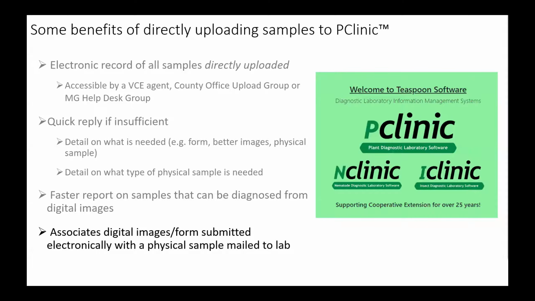And another thing, when we are accepting physical samples from non-commercial growers, people have always sent images into our lab for some samples, but they'll just send an email and attach the images and say, well, the sample's coming in the mail. And then we kind of have to remember to associate that with the sample when it comes in. So this streamlines everything on our end as well.